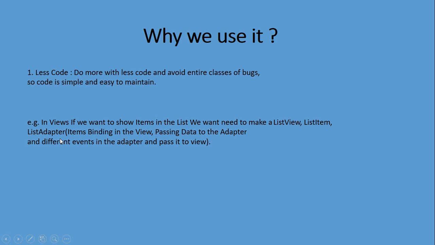And the list adapter contains the item's view binding, and also contains the data that we want to show in the list, and the different events in the adapter, and pass it to the views. Okay, so there are a lot of things we need to do here to show the list of messages to the user.